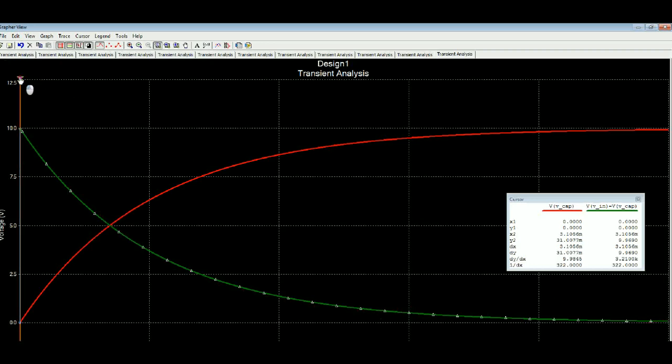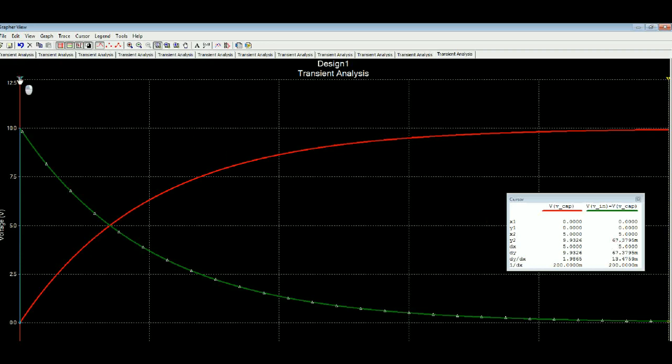Now let's take a look at that 5 time constant point here. Here I'm at 5, and what we see is the capacitor is at 9.9326 volts, not quite 10, and the current in green is 67.3795 milliamperes, not quite 0.